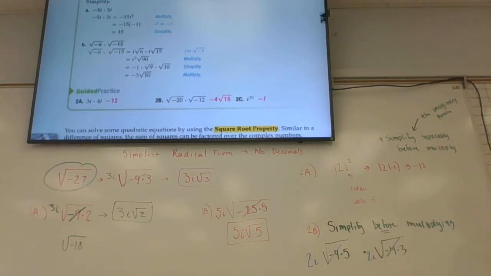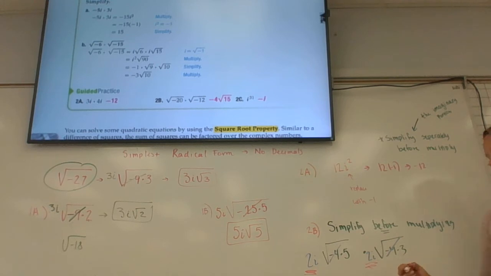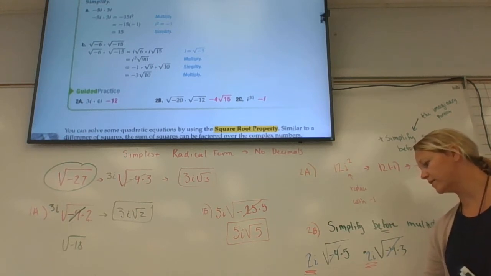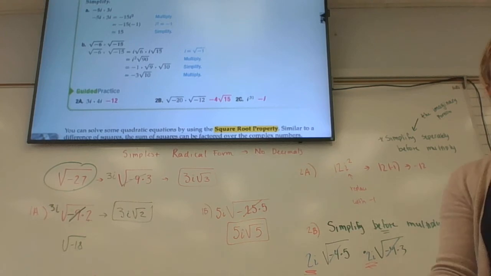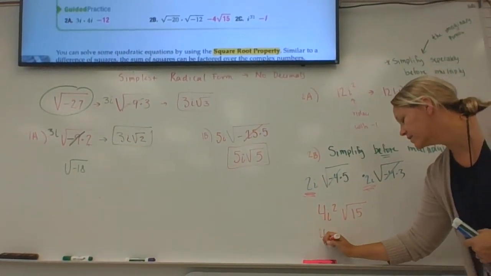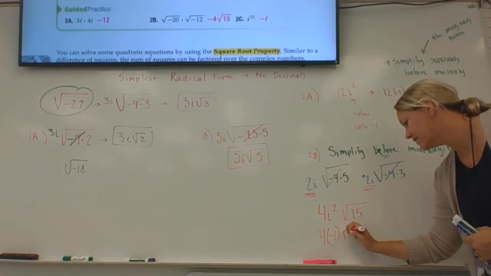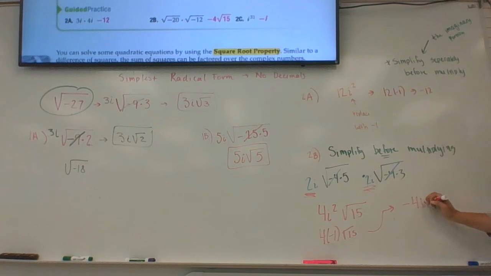Now when you multiply radicals, you multiply the numbers outside. I'm going to do outside times outside, and I get 4i squared. And then I do the inside times the inside, and I get 15. Radicand times the radicand. Take the i squared out and replace it with negative 1, because that's just a fact. i squared is negative 1. And you get negative 4 square root 15.